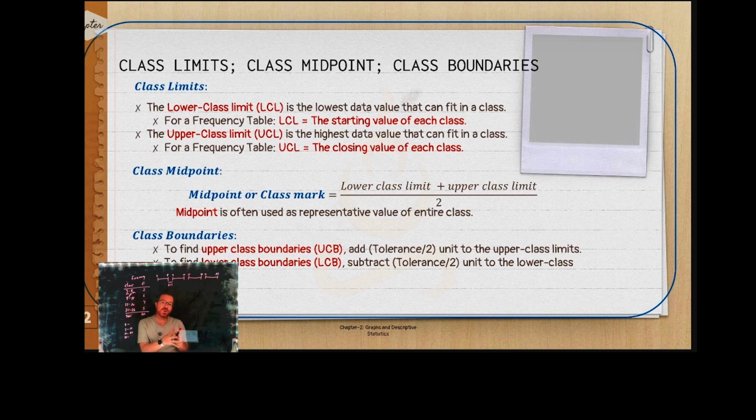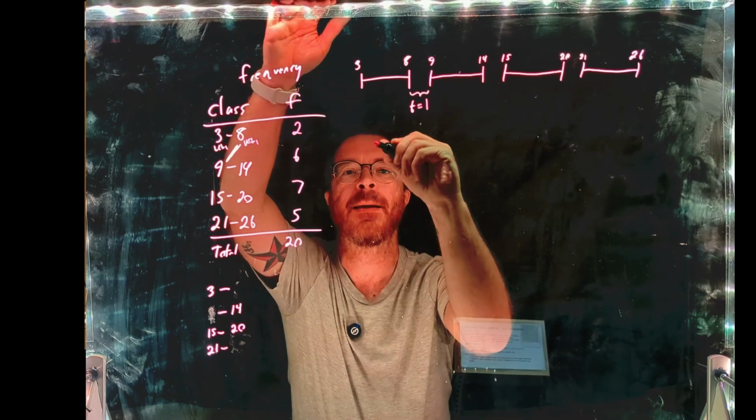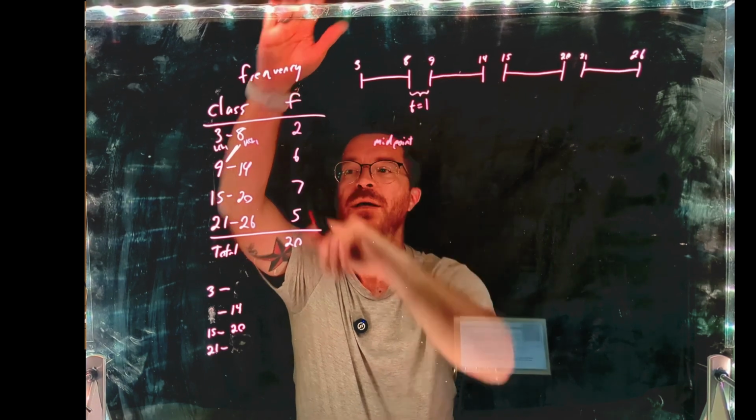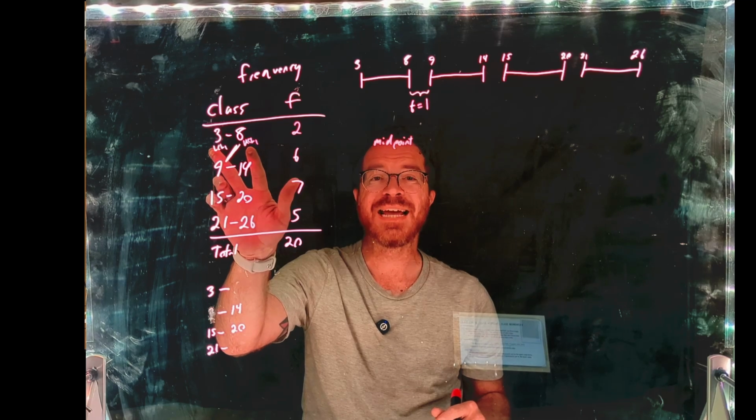So oftentimes we will use the midpoint to represent the average of that group. To find the midpoint, we take the average of our group. In this case, we take the average of 3 and 8.